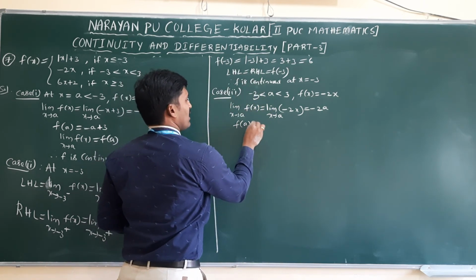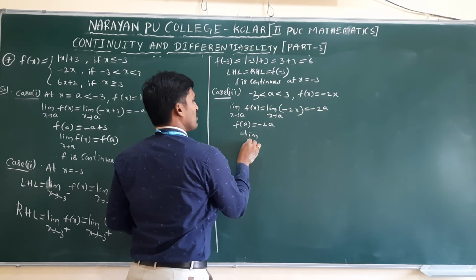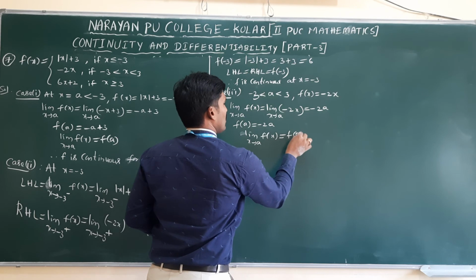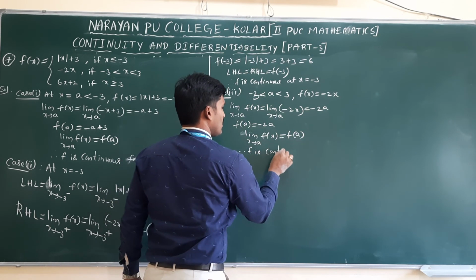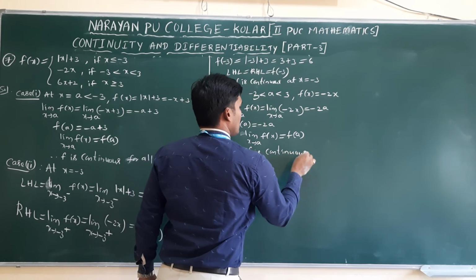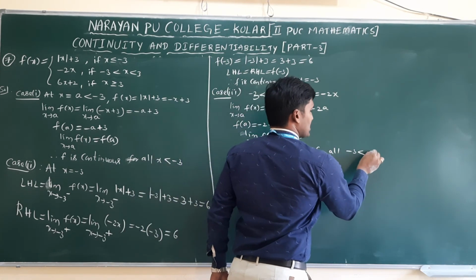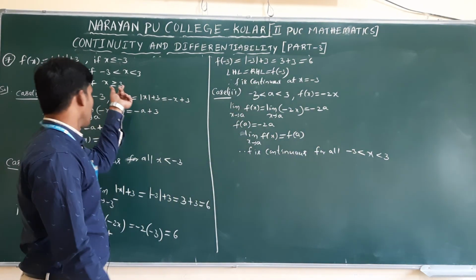Next, f of a is also minus 2a. Therefore, your limit value and function value both are equal. Therefore, f is continuous for all x with minus 3 less than x less than 3. That completes this condition.